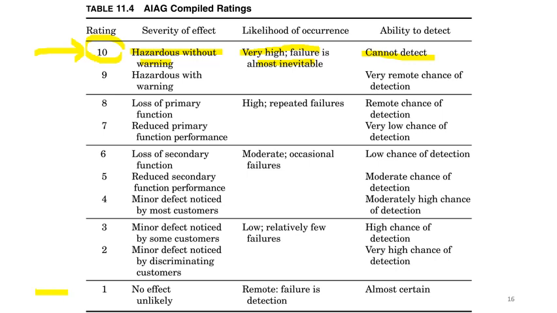On the other extreme, the rating is very small when the effect does not have any meaningful effect even if the failure happens, and it does not seem likely to occur, and our design control can almost certainly detect failure, then the rating is small. And anything is between those two extremes.